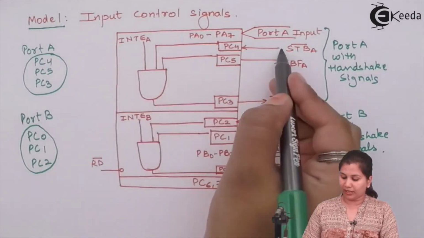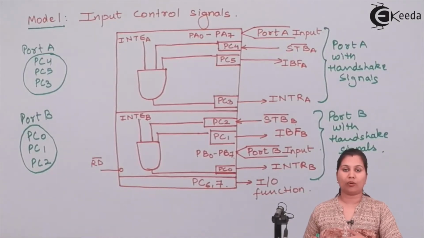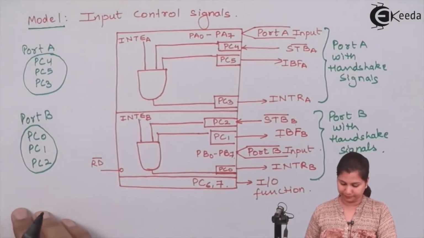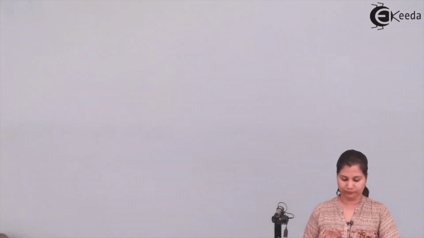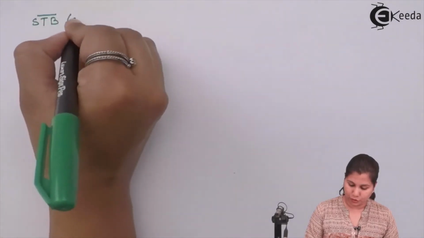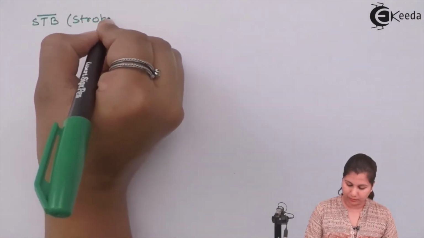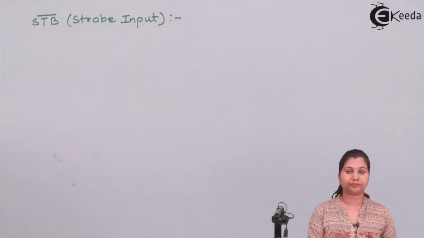Now here we have the handshake signals. Let us study each of the handshake signals, and what the function of each signal is. The first signal we have is the strobe input. So first we will study STB, that is the strobe input handshake signal.